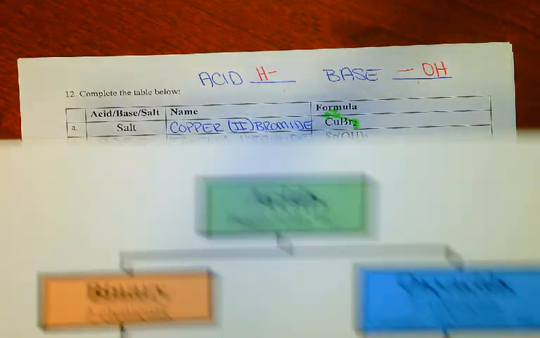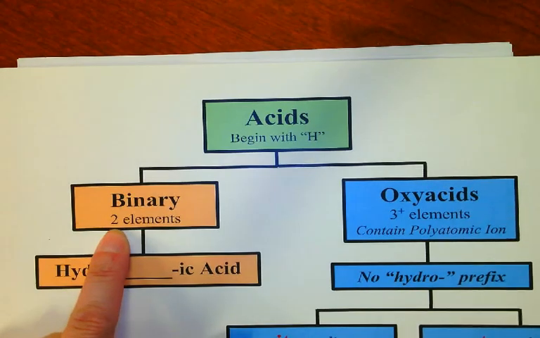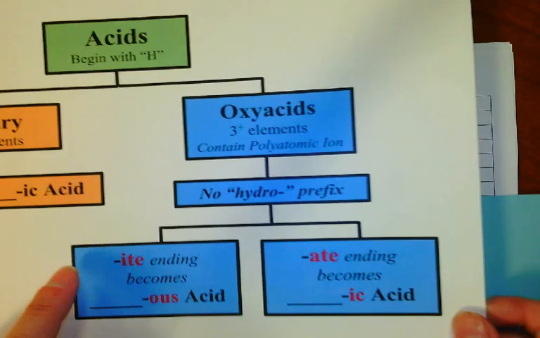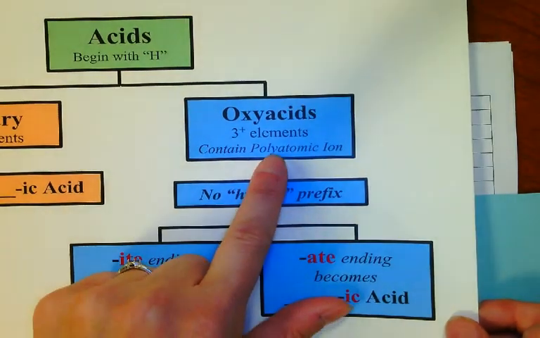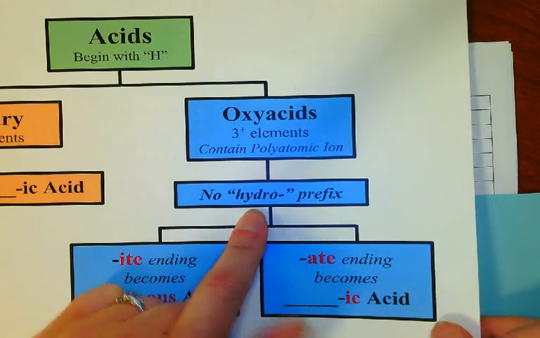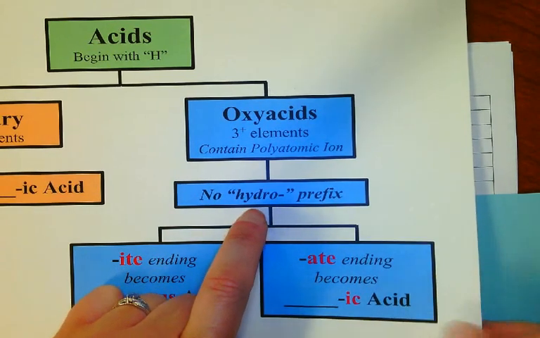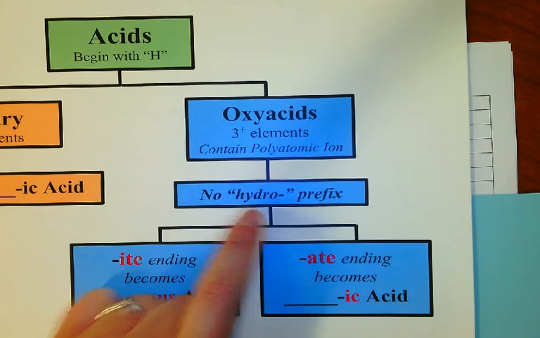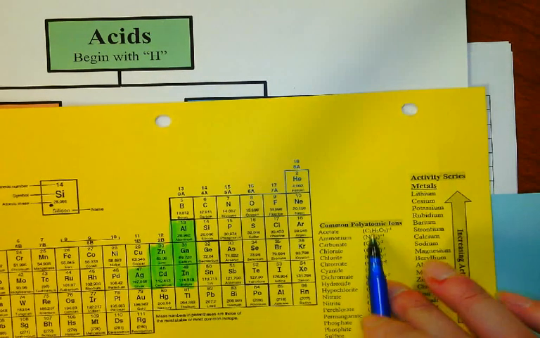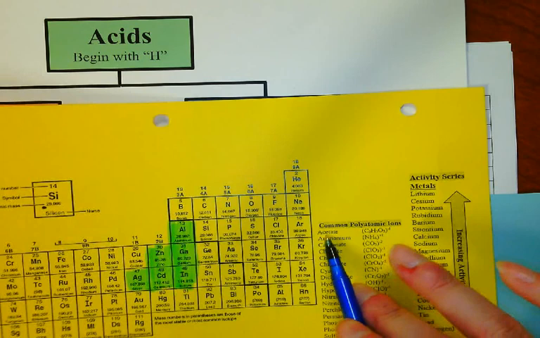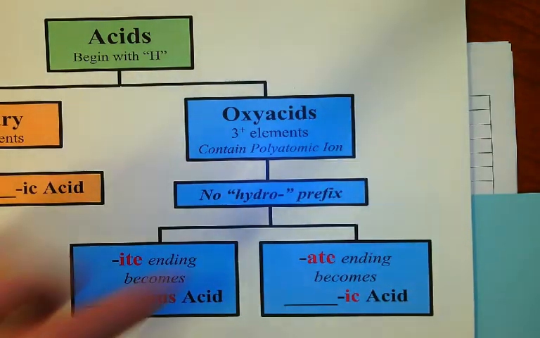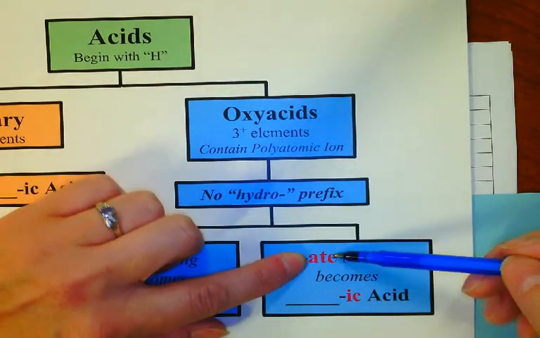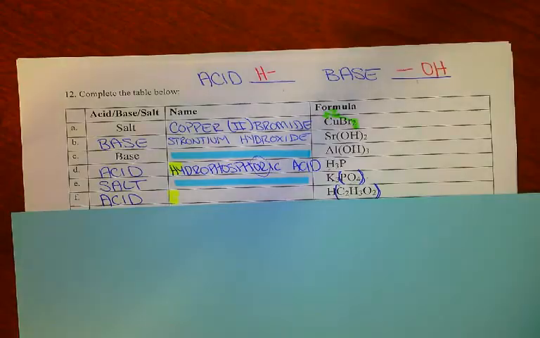So this one's still an acid, but I don't have 2 elements. So I use these rules. It's an oxyacid. There's a polyatomic ion in it, no hydro prefix. So I just start with the polyatomic ion. So C2H3O2 is acetate. So I'd say acetate acid. But I do this. I ate too much. I feel icky now.